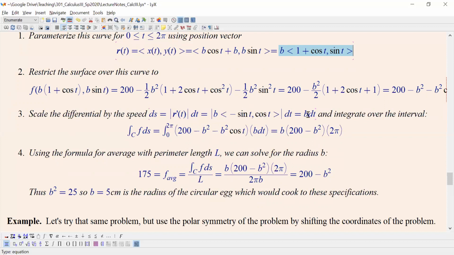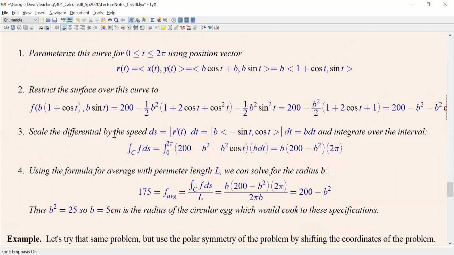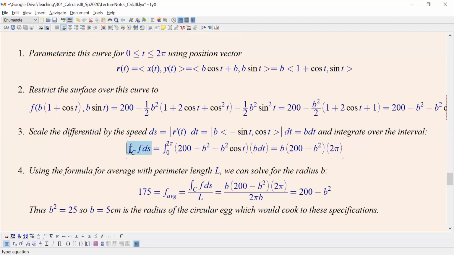And so we get a b that pops out as our speed. And now I can integrate over the interval from 0 to 2 pi.